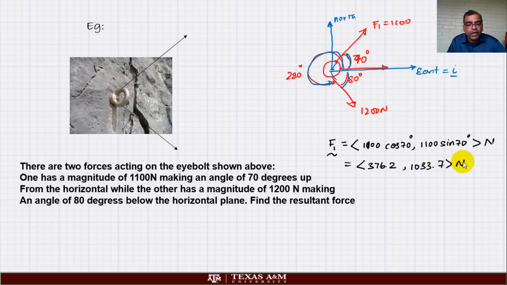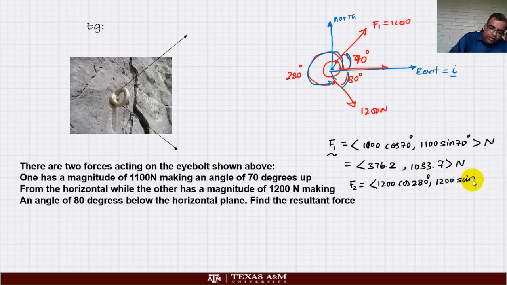You can see that the y component will be quite a bit more than the x component, so this number seems okay. F2 will be, notice how I write it, 1200 cos 280 degrees, comma 1200 sin 280 degrees.